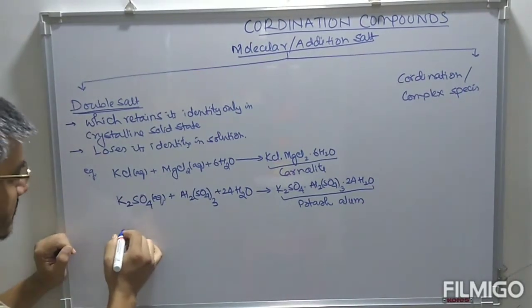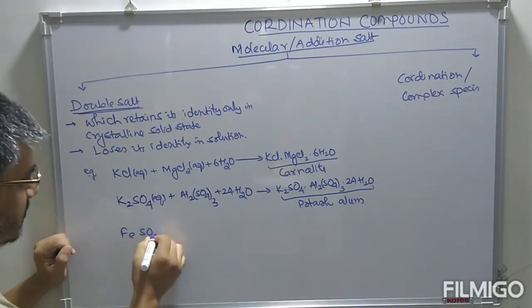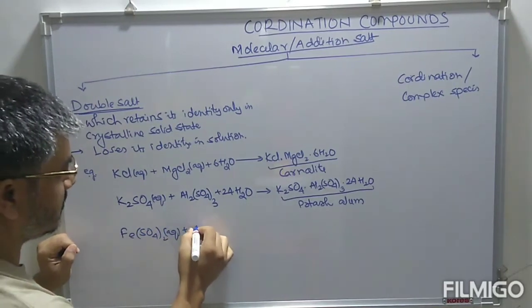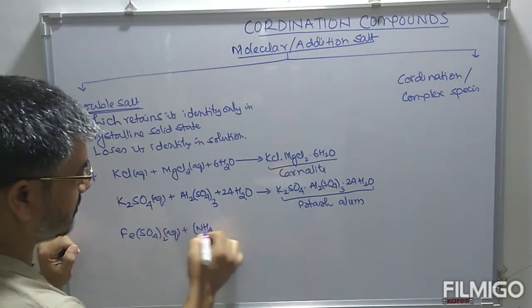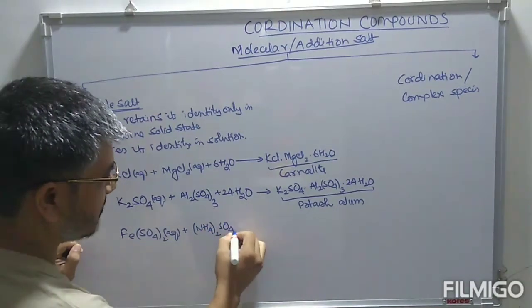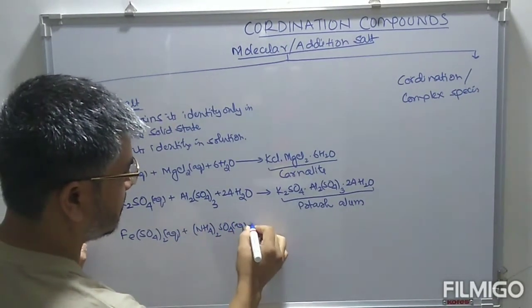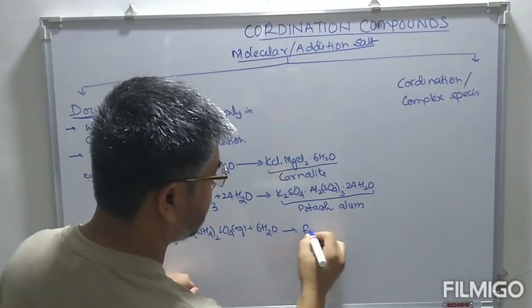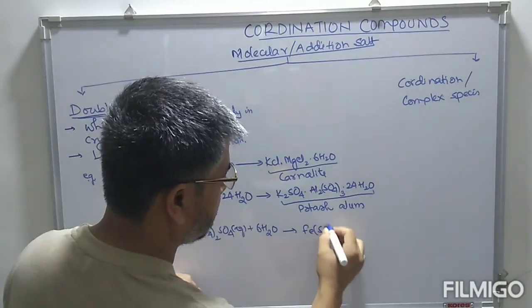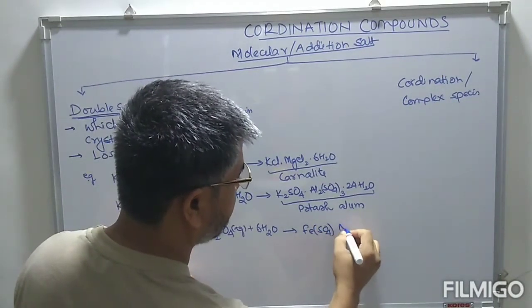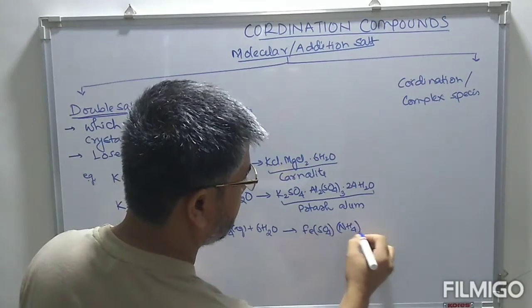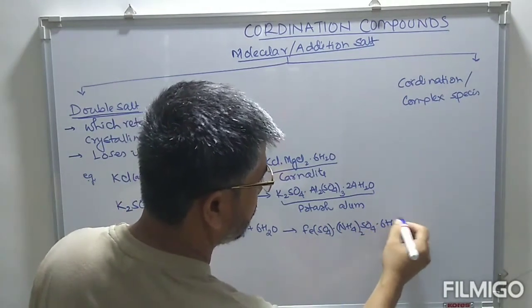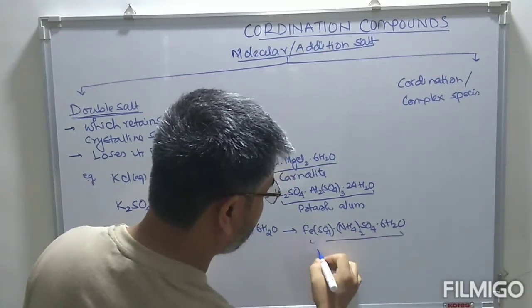Then ferrous sulfate, ammonium sulfate, 6 water molecule gives you ferrous sulfate, ammonium sulfate, 6H2O, which is known as Mohr's salt.